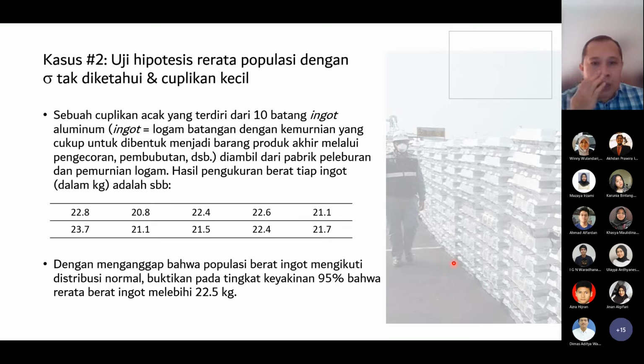Okay, the second one, this is the case where sigma is unknown and the sample is small. Now I'm not going to go through all of the detail in this example here. You can read it yourself. So the case here now is random sampling of 10 pieces of aluminum ingots. Ingots, they look like this.